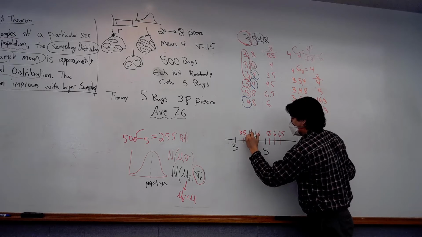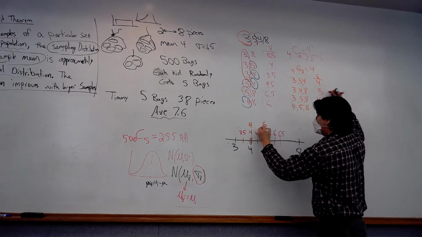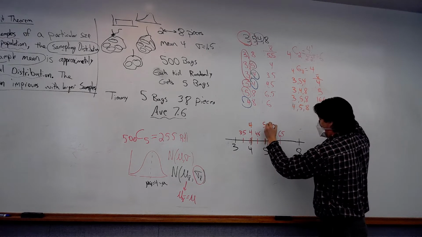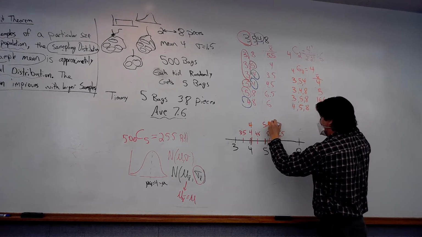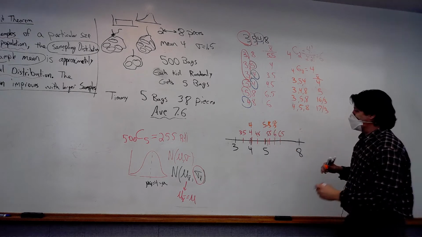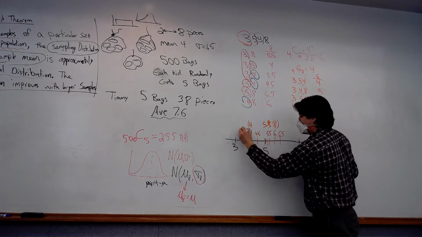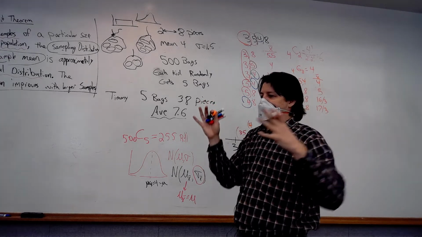So there's one at 4, one at 5. 16 thirds is just a little more than 5. And 17 thirds is in here. Okay, so again, kind of hard to see, but these are more clumped in than even the reds, right? So as we grow the sample size, the distribution gets tighter as well.